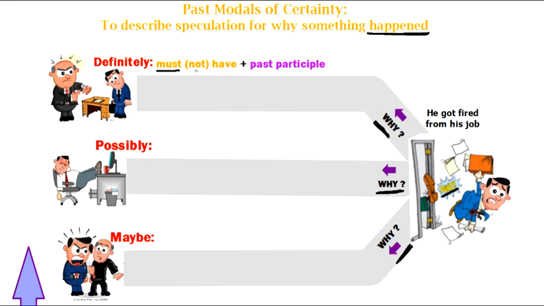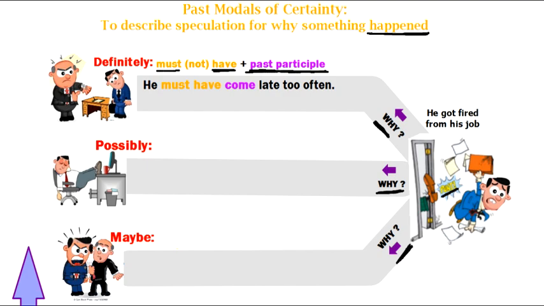Now, if I want to be negative, I can say not, but I'm always using have as my auxiliary and my past participle, right? So if I want to say what happened in this situation, but in the past tense with my modal of certainty, I'm going to say something like this. Well, he must have come late too often. Okay? So there's my past modal of certainty.